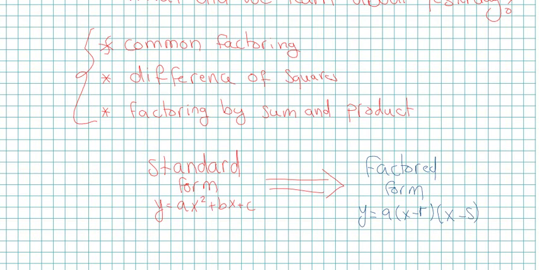Right? So the three processes are called common factoring, factoring by difference of squares, factoring by sum and product.